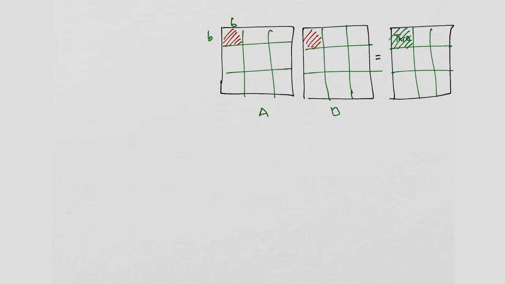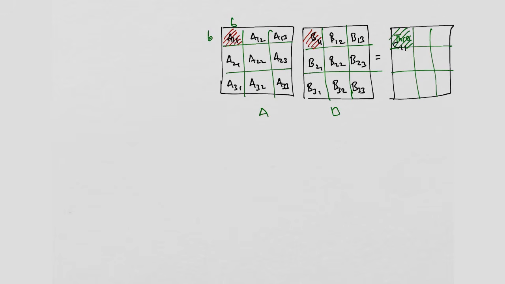So let's call these blocks something. Let's give them a name. So this is A11, A12, A13, A21, A22, A23. So these are blocks. Each is of size B cross B, right? And this is C11.